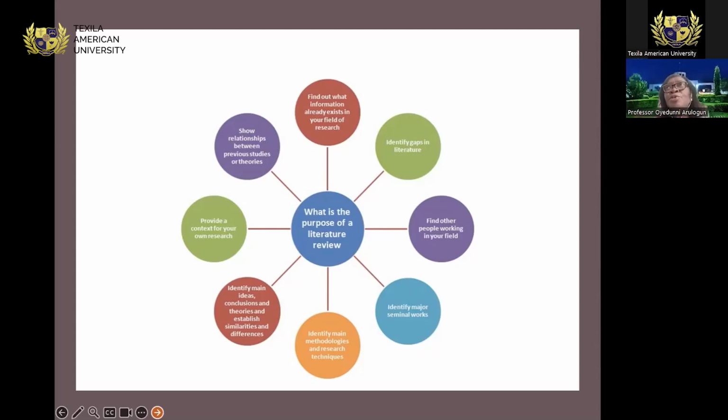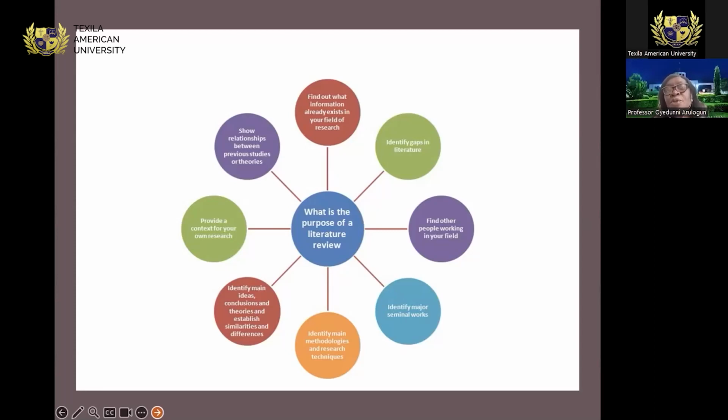If we don't do proper literature search, the tendency is to use the same methodology that other people have used, and then they met a brick wall, nothing added. So it will help us to identify what works and help us to combine different methodologies, different strategies, different research techniques to get the best from our study.